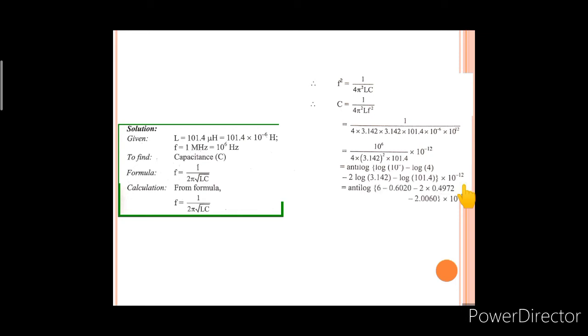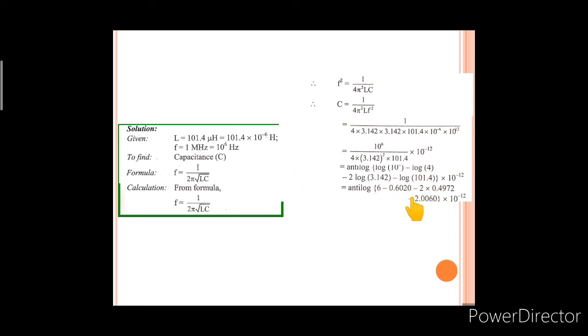Then in the next step we are supposed to write down the values of the log. So log 10 raised to 6 is to be written as 6, minus log 4 is 0.602, minus 2 log 3.142 is to be written as 2 into 0.4972. Then minus log of 101.4 is 2.0060.